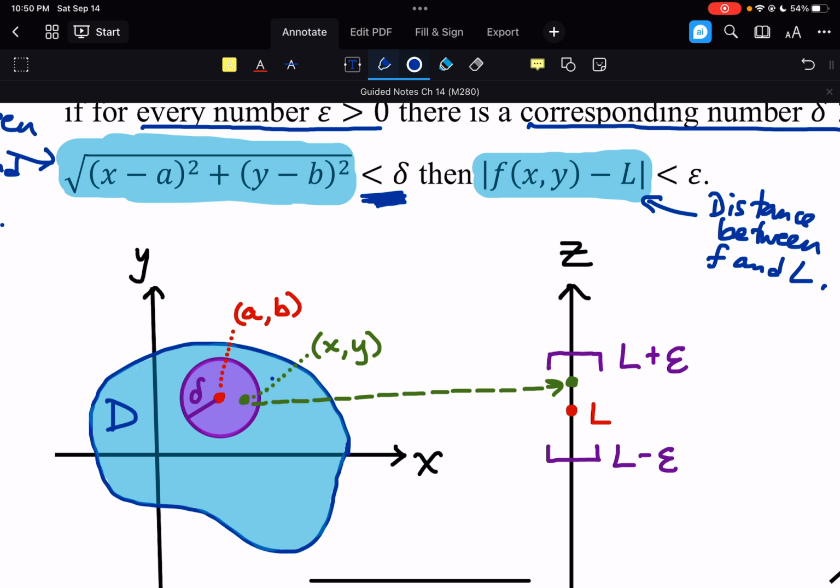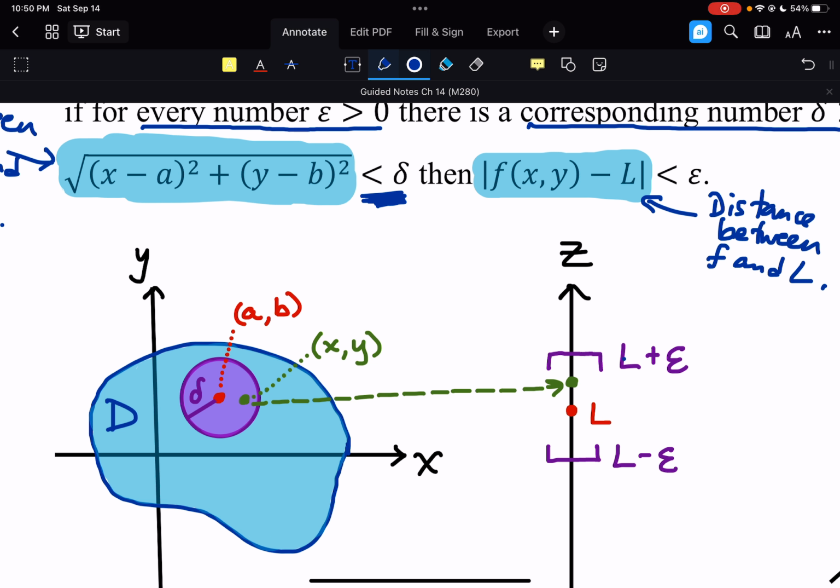Okay, so as we get closer and closer to the point (a, b), the outputs, like this is the output for (x, y) right here, are getting closer and closer to the actual limit value. And that's where we are approaching right here. So our point is within delta units of (a, b).